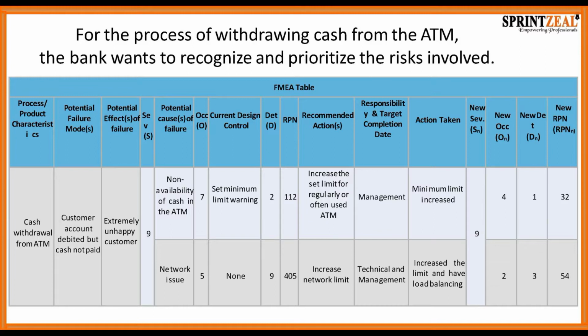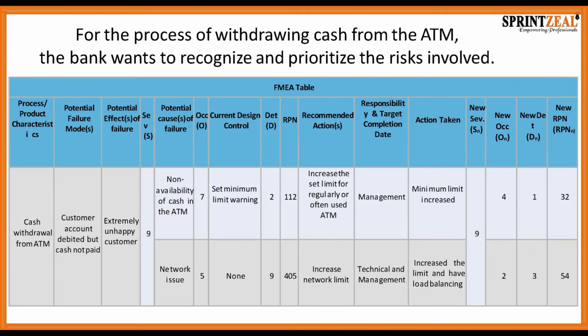But currently, there isn't a known design control for the network issue. So the detection of the problem is fairly easy with the cash in the ATM, so we're going to give that a 2. But since there isn't a current design control in place for the network issue, we can't detect that, so we're going to give it a 9.